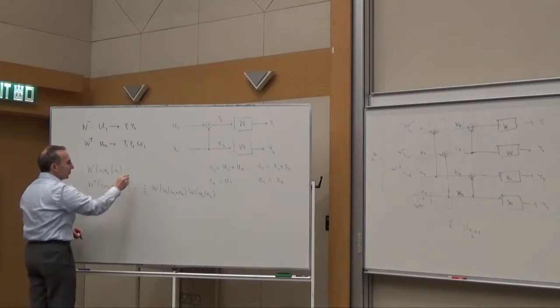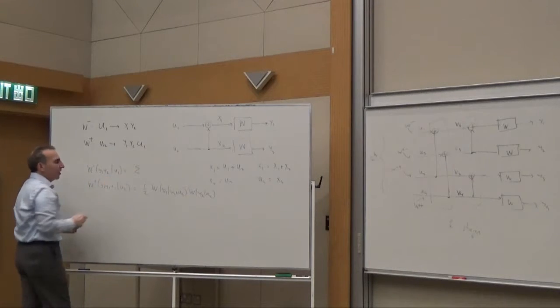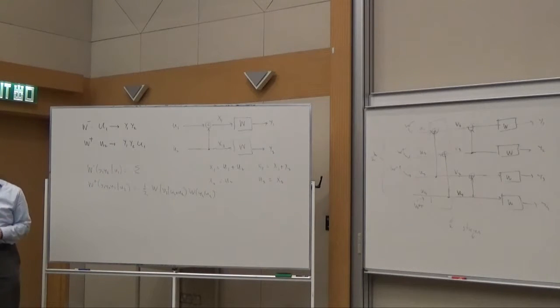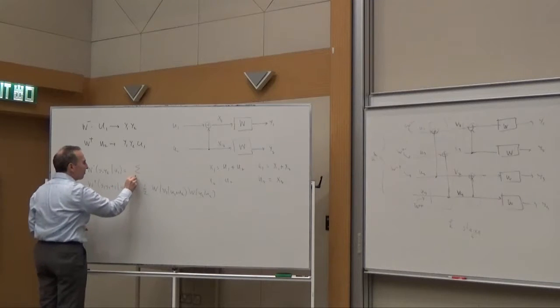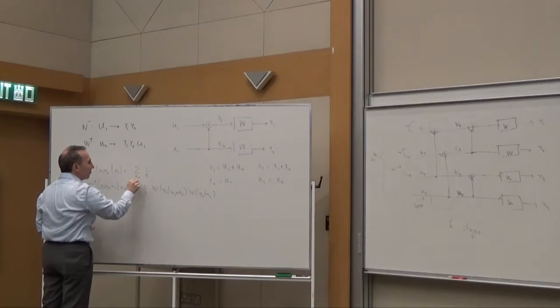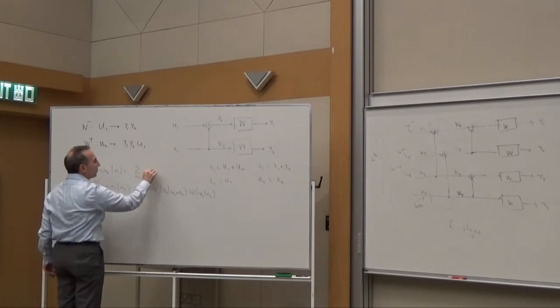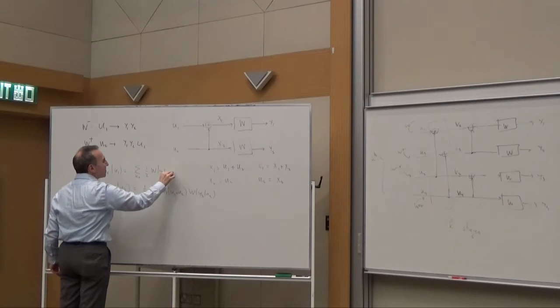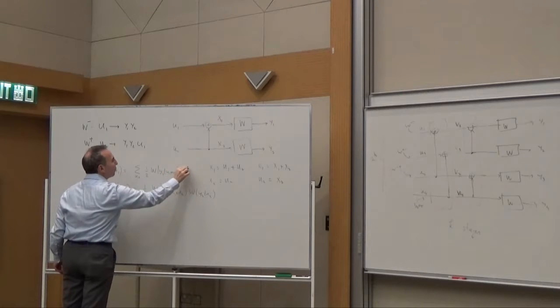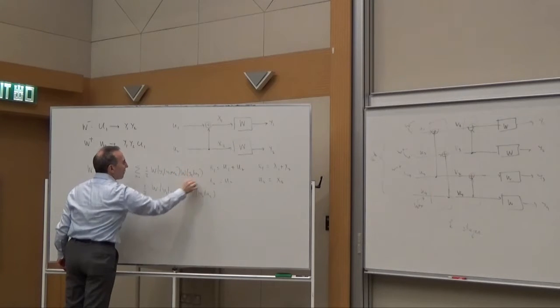What about W minus? Well, I'm only given U1. The U2 can be anything, but there are only 2 possible choices. Each value of U2 is 0 or 1, with equal probability half. I will take the Y1 and Y2.